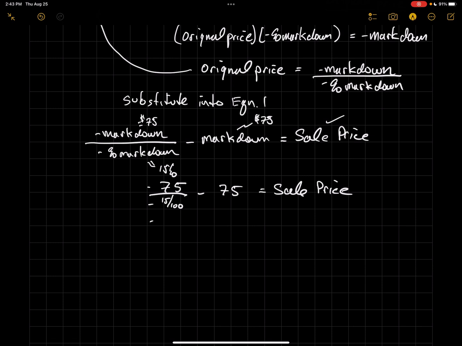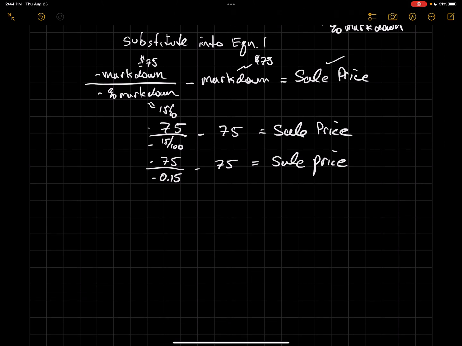And so we have negative 75 divided by negative 0.15 minus 75 is equal to the sale price. And so negative 75 divided by 0.15 is $500 minus 75, that's the markdown, is equal to the sale price.